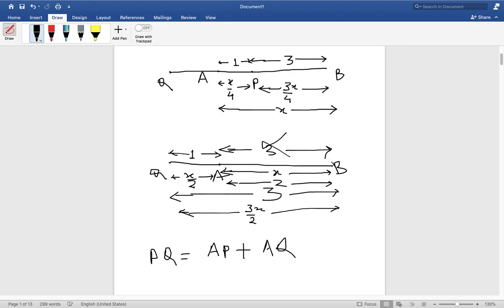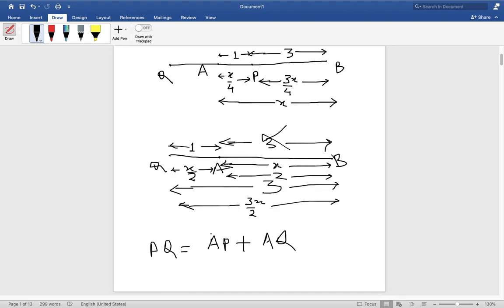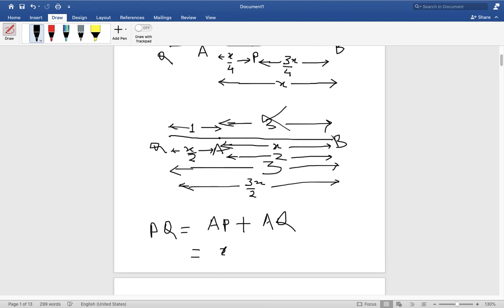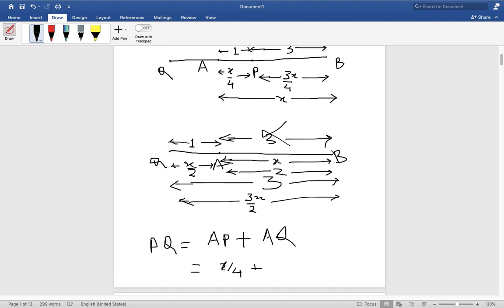P is dividing AB in the ratio 1 is to 3 internally, and Q is dividing AB in the ratio 1 is to 3 externally. So length PQ is equal to AP plus AQ. AP is how much? AP I believe is x by 4, and AQ is how much? x by 2.